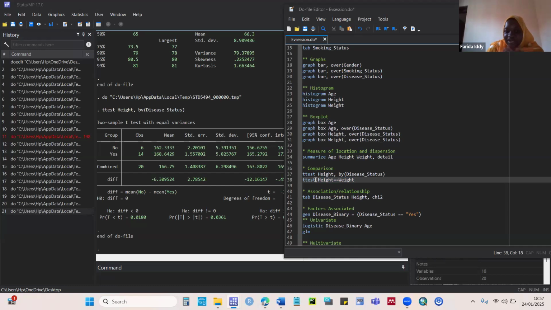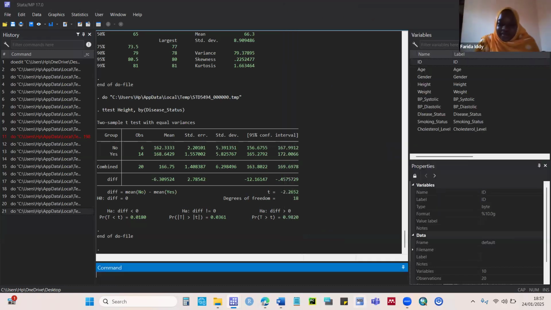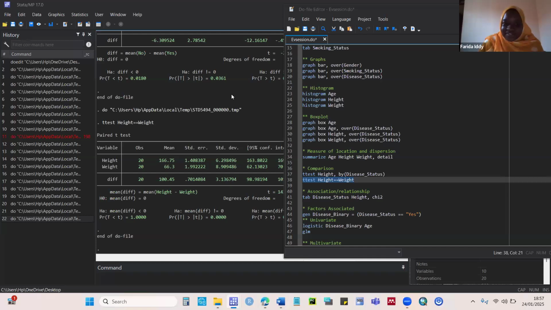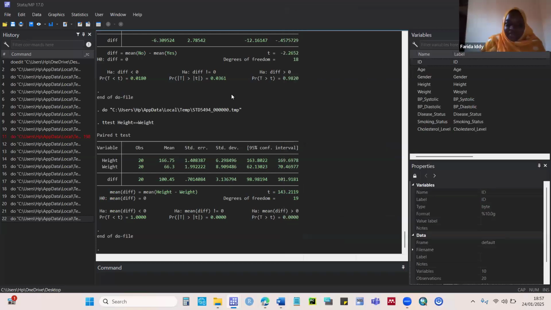So if you have your data set with before and after observations, and you want to compare those two means in order to assess whether the intervention is working or not, then you can just specify your variables here, then you run it. It is just the same as the previous one.